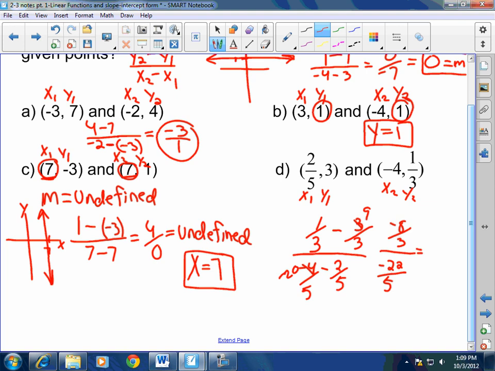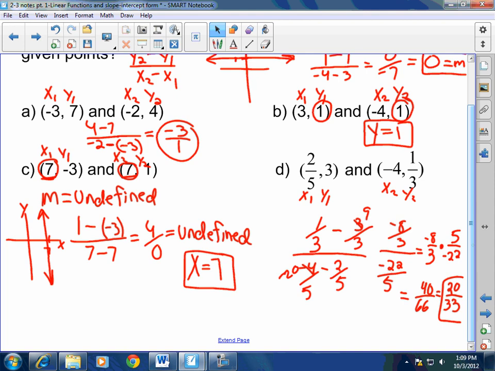This is going to then be stay, change, and flip. So my answer here will be negative divided by negative is a positive, so it's going to be 40/66, which equals 20/33. Please be sure to review your fraction skills. This is very, very difficult if you don't know how to add, subtract, multiply, or divide fractions.